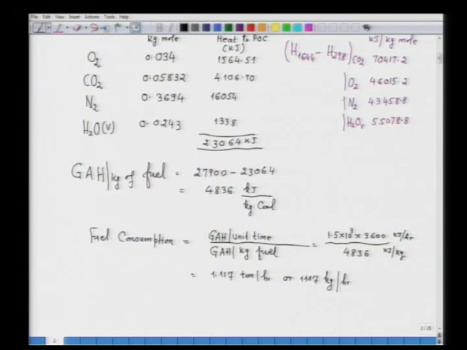Now, let us do the second part of the problem, which says, if we employ a preheater, how much fuel will be consumed. So, let us calculate now.